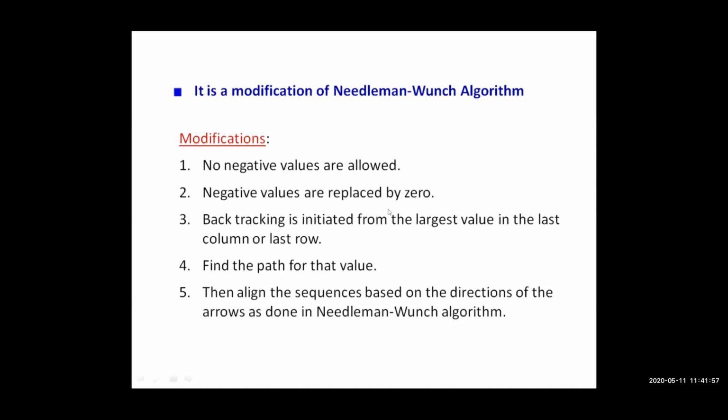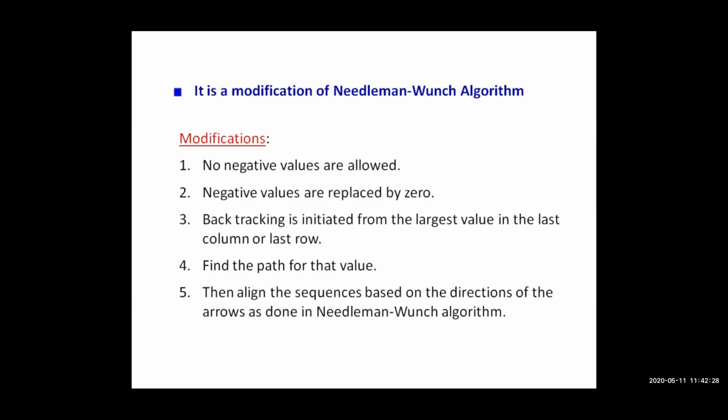Okay? Then the third rule is that backtracking from the origin, which normally starts from the largest value, should be done by considering both the last column and the last row. The highest value which we derive by calculation, the highest among the values in the last row or the last column, should be taken into account. It may be in the last row or it may be in the last column.